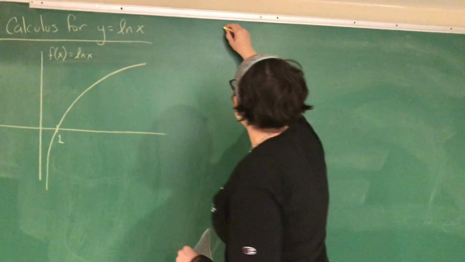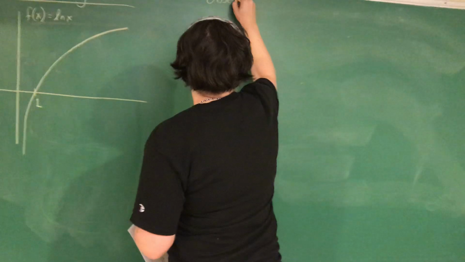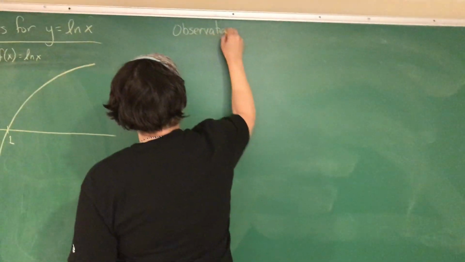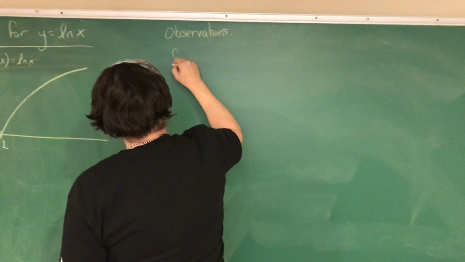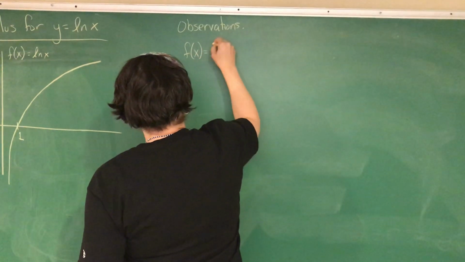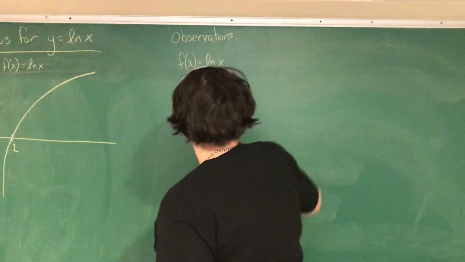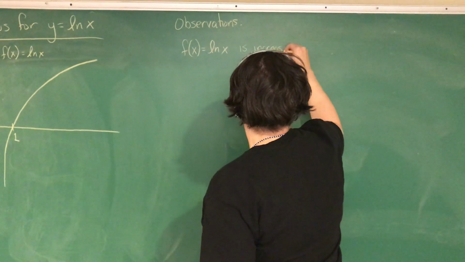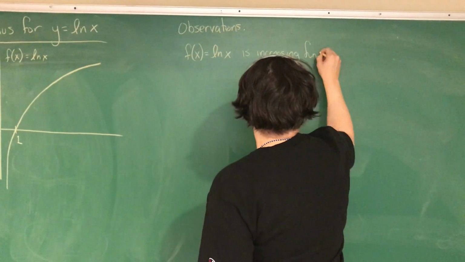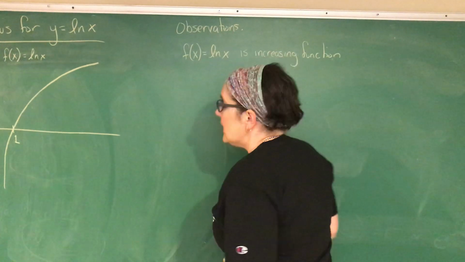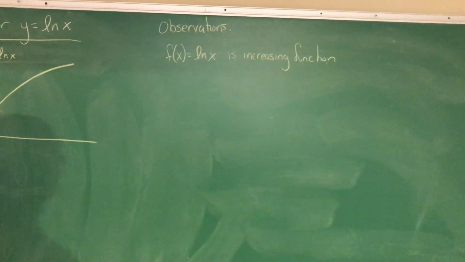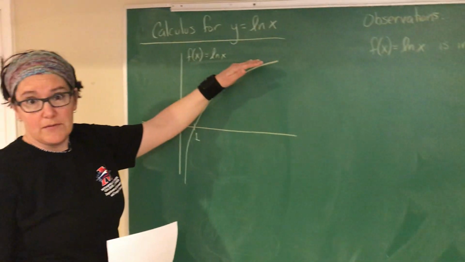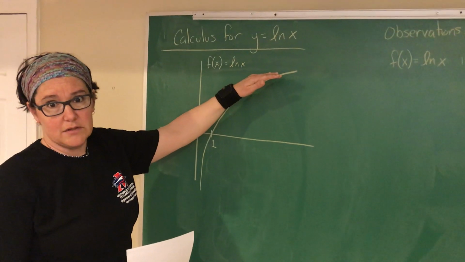So some observations that I can make here are that the function f of x equals natural log of x is an increasing function. And when our function is increasing, that means that its derivative, or the slope of the function, is positive.